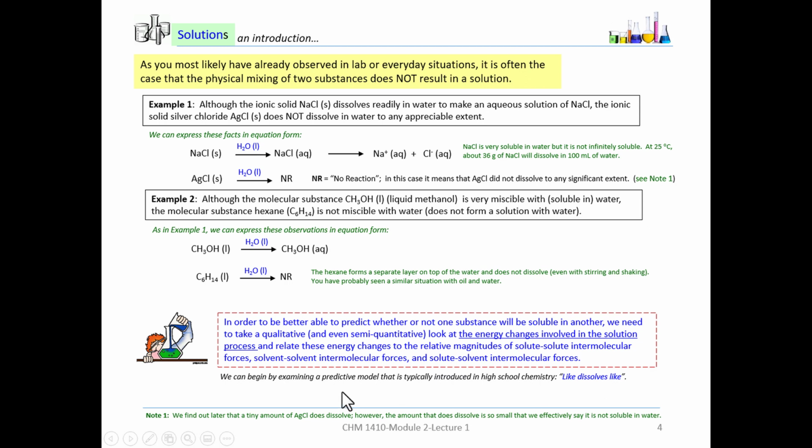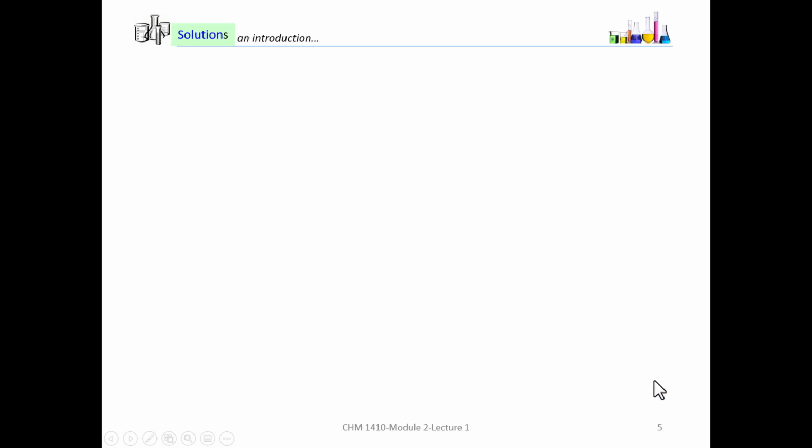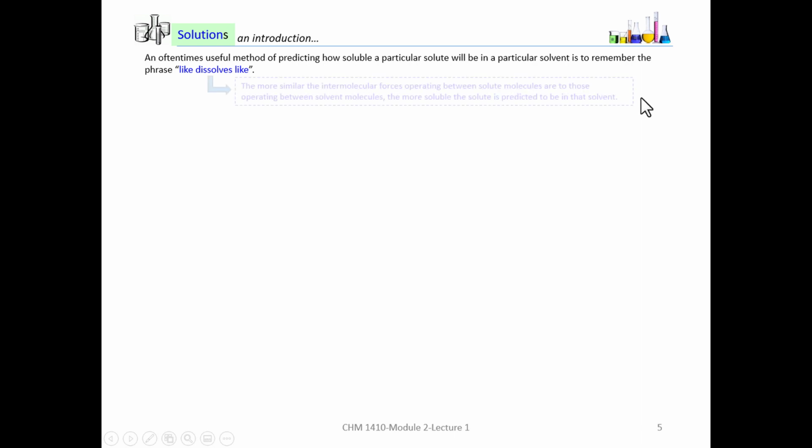So we can begin this by examining a predictive model that's typically introduced in high school chemistry. Like dissolves like. So this method is pretty useful under particular circumstances. And let's elaborate on what we mean here.